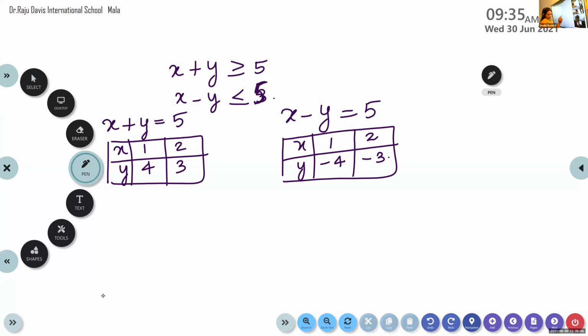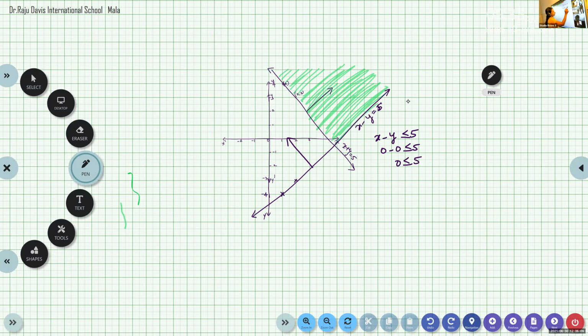The question is 3y minus 2x is less than 4, x plus 3y greater than 3, x plus y less than or equal to 5.